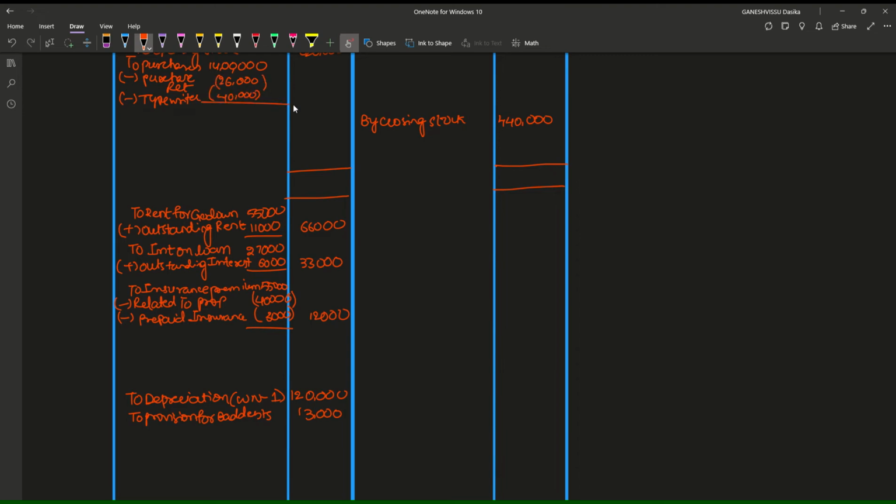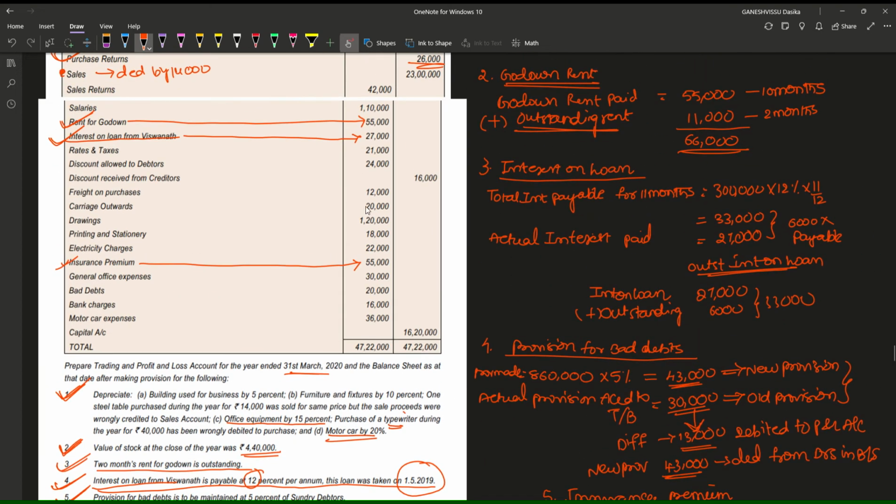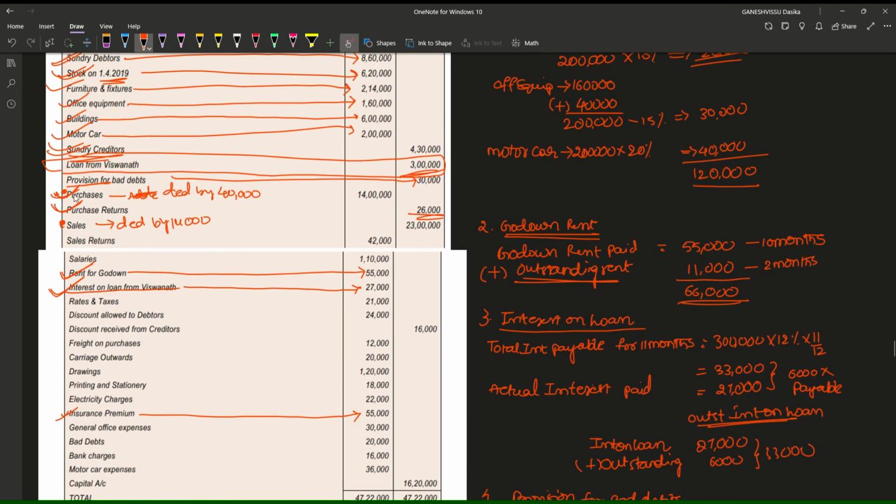We need to deduct both, right? So 14 lakhs minus 26,000 minus 40,000, which is 13 lakhs 34,000. And now we have completed purchases and purchase returns.